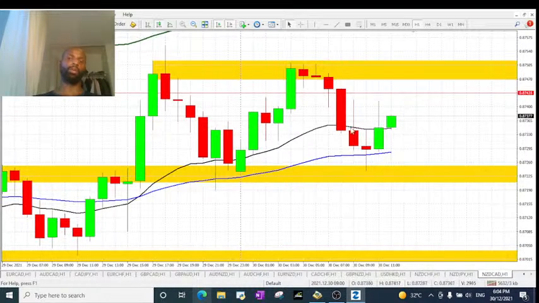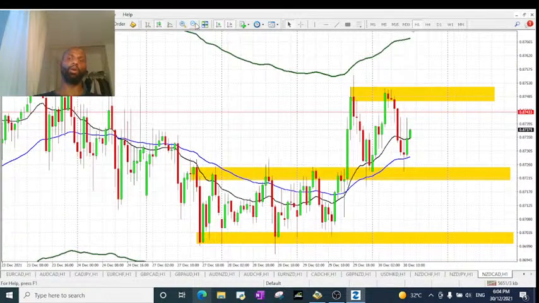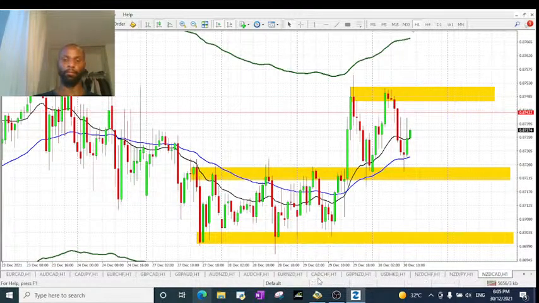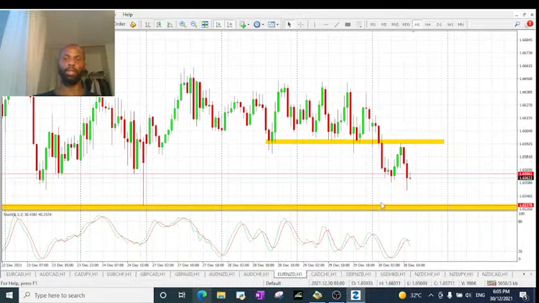Because what this tells me is the buyer stepped up all the way here. You see this wick, you see this rejection. These are selling pressure. So I don't have the same conviction taking a trade like this. It could work, that's for sure, but I don't have the same conviction compared to, look at the Euro New Zealand, for example.